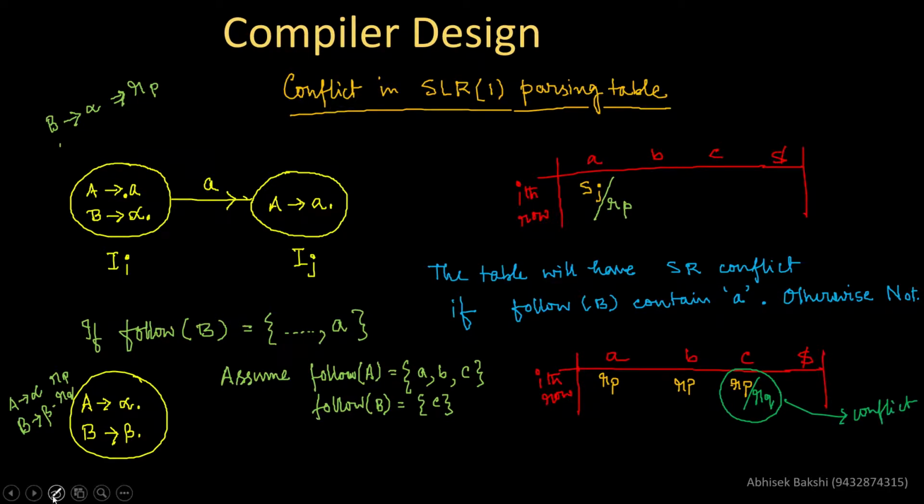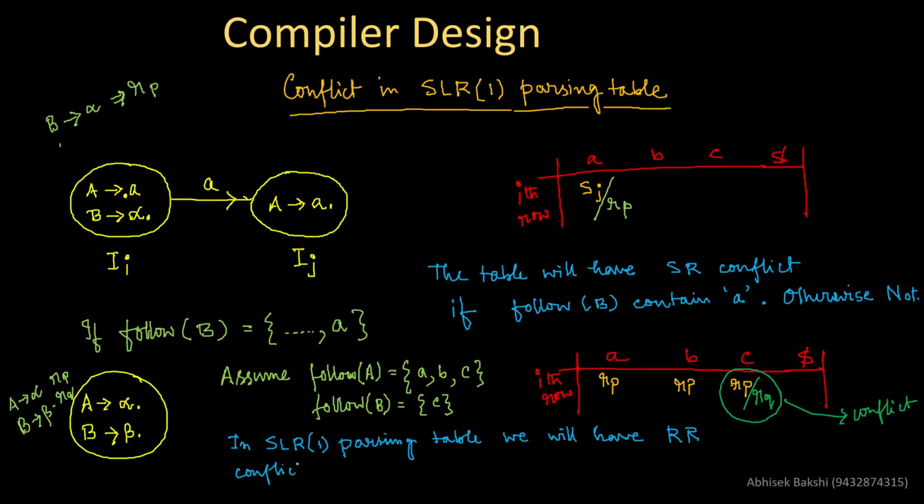So what is basically the moral of the story? How can we draw the point over here, that in the SLR1 parsing table we will have a reduce-reduce conflict? What is the basis of that?